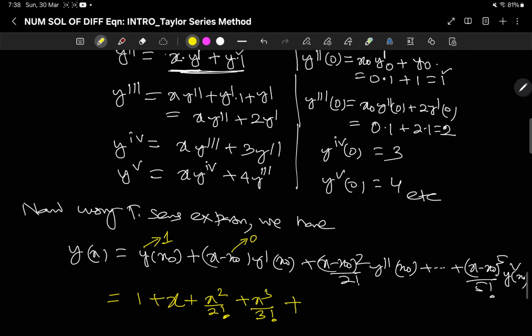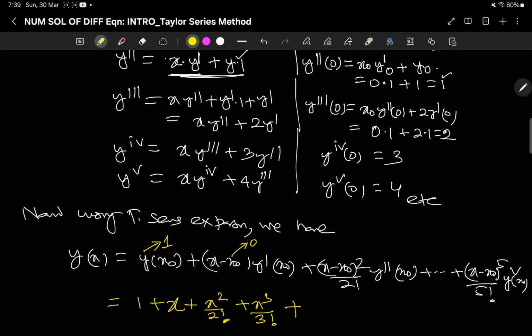plus, here you see, y dash 0 here is 1, and y double dash 0 here is 1, and y triple dash 0 here is 2, plus x fourth by 4 factorial, y fourth derivative is 3, right, plus x5 by 5 factorial, fifth derivative is 4, okay.